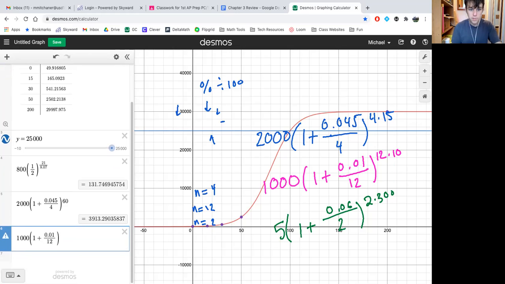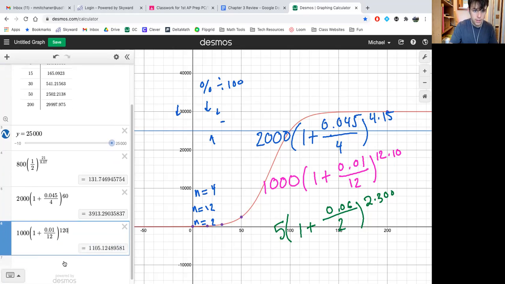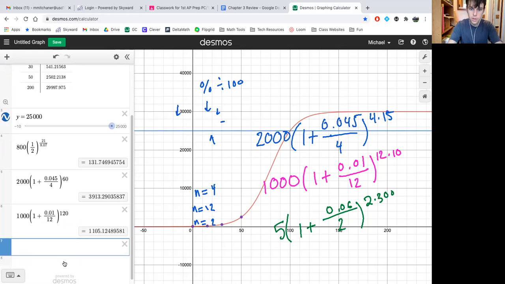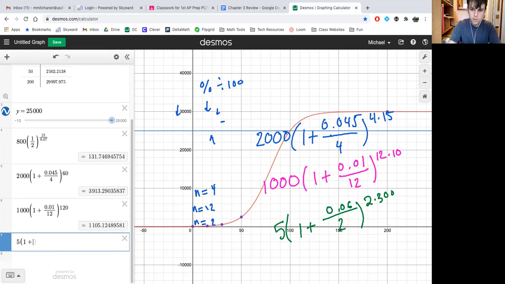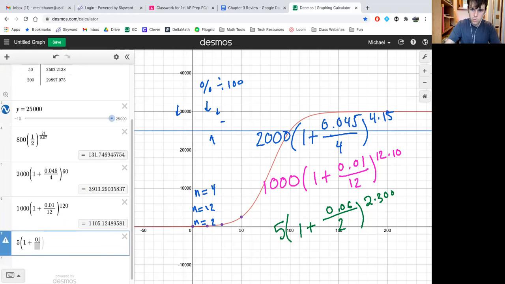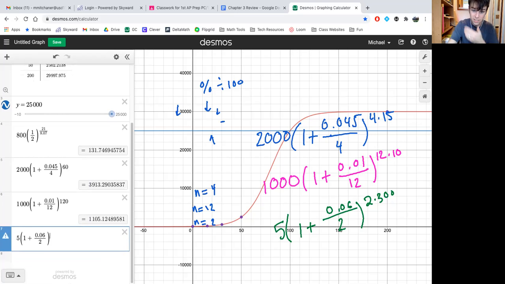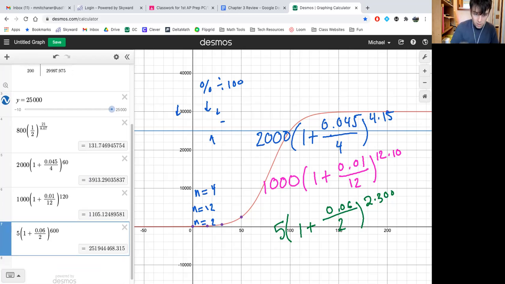Exponent is 12 times 10 is 120. Okay. And then last one, 5 times 1 plus fraction 0.06 over 2 to the 2 times 300 is actually 600. Okay, yeah, wow, that one is by far the biggest.